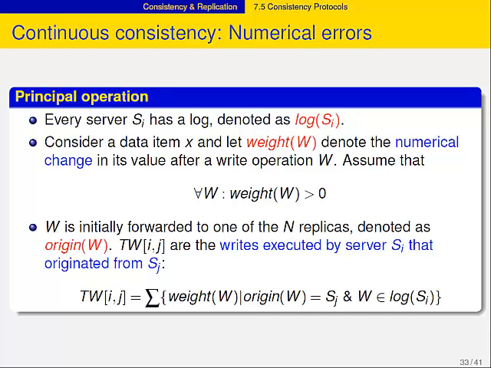TW(i,j) equals the sum of every weight, i.e., writes, propagations to other servers that are not the origin server.